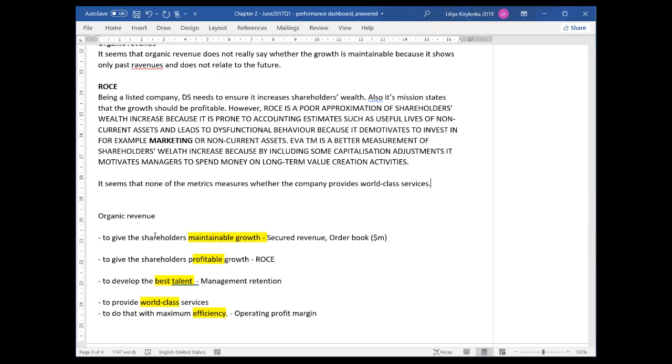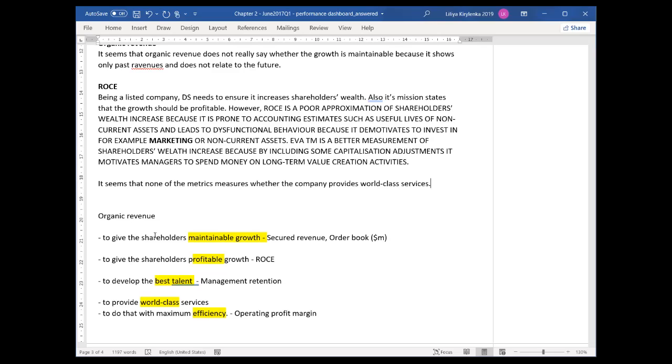So, for example, if I had some other parts of the mission statement which were not measured, like an entrepreneurial culture of employees, or environmentally friendly business, and so on, then I would say that, okay, I cannot say that this is not measured and this is not measured. And then I would need to stretch any of the metrics to the world-class services part of the mission.